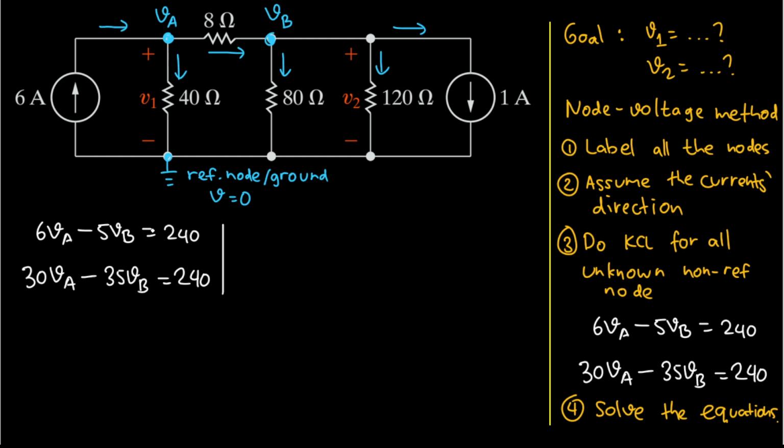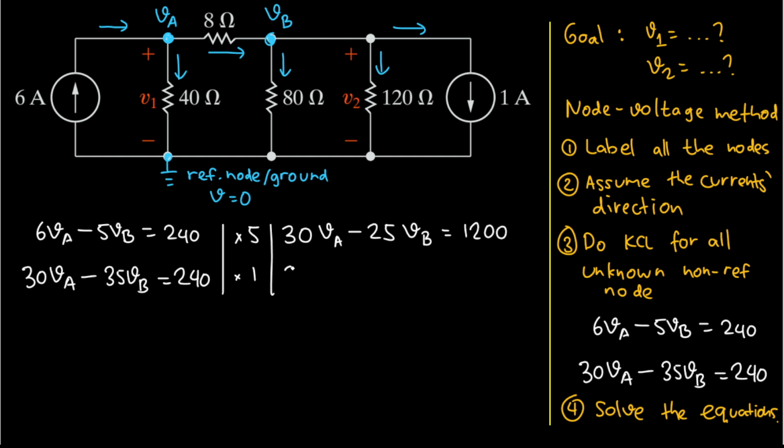So we will multiply this by 5 to get this to be 30, right? So that will cancel with this, and this one will be 1 here. Okay, now we will have 30 VA, and then minus 25 VB, and then 240 multiplied by 5, that will be 1200.